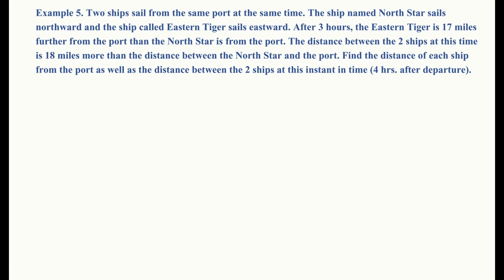All right, so here's an example of what we refer to as a Pythagorean application. Here we have two ships that sail from the same port at the same time. So in other words, you have some port and two ships take off. One named the North Star sails northward, so that means goes straight up, right?